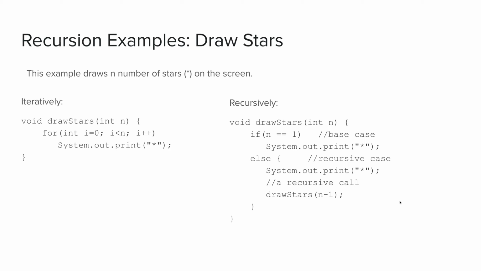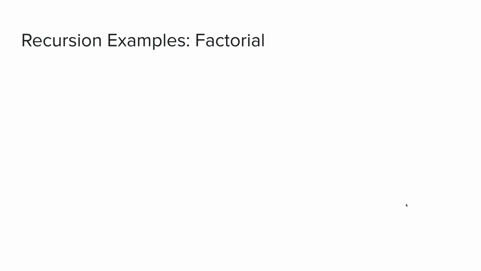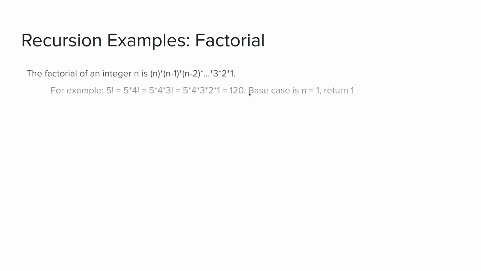All right, another example, factorial. The factorial of an integer n is n times n minus 1 times n minus 2, and so on, down to 3 times 2 times 1. So factorial is by definition recursive. What do we mean?